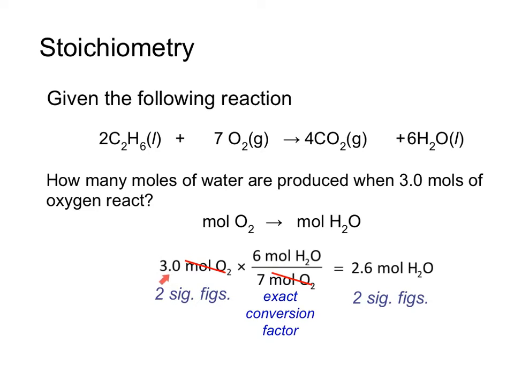We started with 2 significant figures in our initial measurement. We multiplied by an exact conversion factor, therefore infinite significant figures, and so our answer must be reported to 2 significant digits. The take-home message is that these molar ratios do not factor in when you're looking at your significant figures in a final answer.